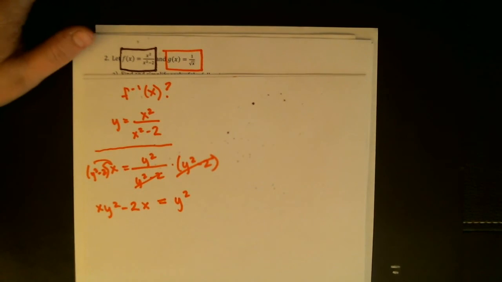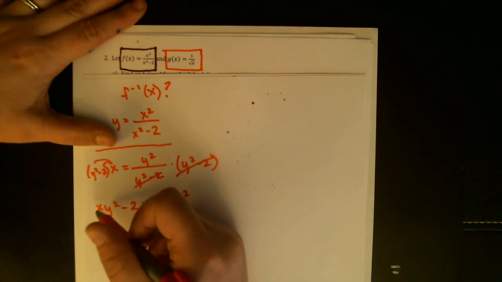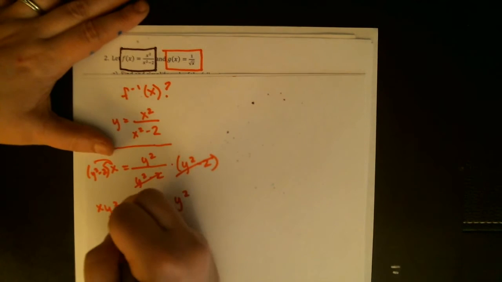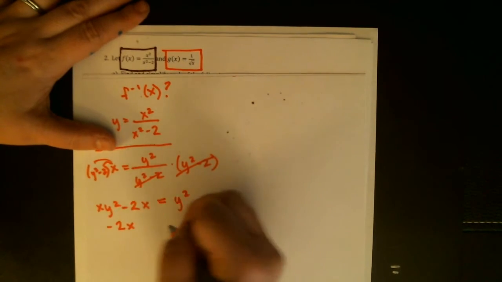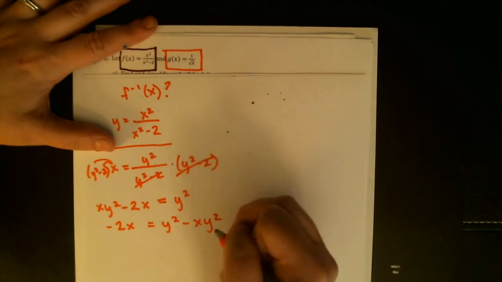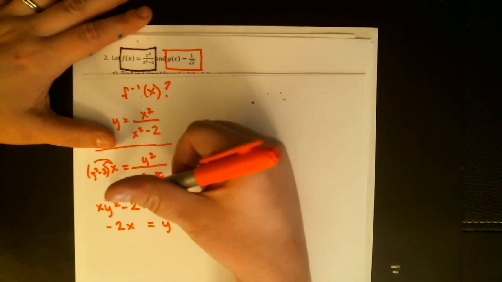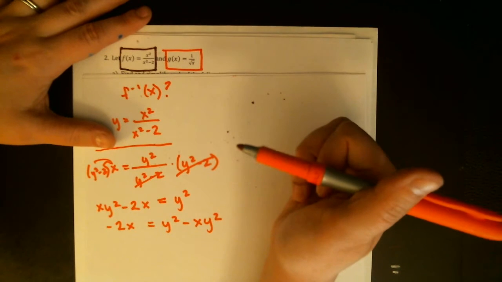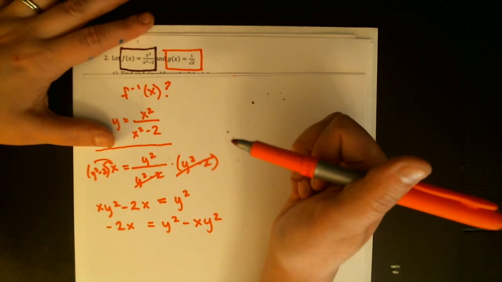I'd like to solve for y, so let's put them on the same side. I think I'm just going to subtract x y squared. If you're solving for y, you want your y's all on the same side. So we have y squared minus x y squared. You could choose to move the y's left and the 2x right as well. It doesn't matter, just pick a side.